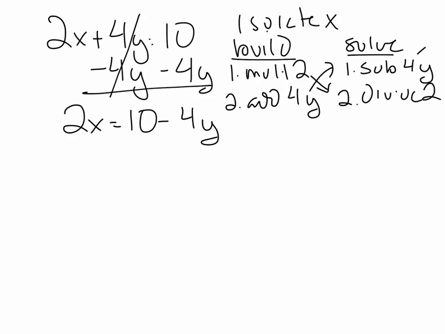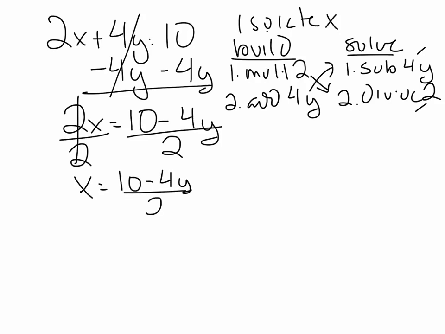For the second step of the solve, I'm going to divide both sides by 2. The 2's on the left cancel out. I'm going to divide everything on the right side by 2, the 10 and the 4y. So I'm left with x equals 10 minus 4y divided by 2.